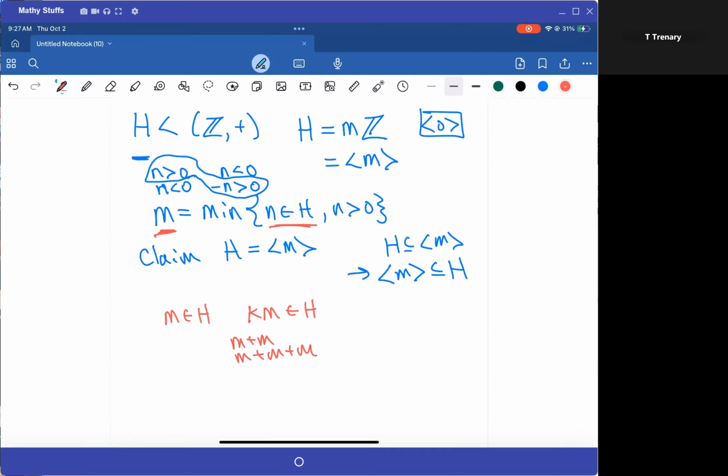So that means that the cyclic group generated by M must be completely contained in H. If M's in there, all the multiples of M are also in there. So we got this one knocked off. The other one is the tricky route. So what we're going to do now is show that H is contained inside the cyclic group generated by M.